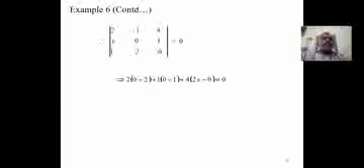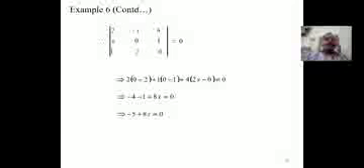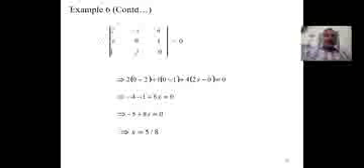Therefore, by expanding this determinant along the first row: 2 into (0 minus 2), plus 1 into (0 minus 1), plus 4 into (2x minus 0), that equals -4 - 1 + 8x = 0. This is 8x minus 5 equal to 0, 8x equal to 5, x equal to 5 by 8. This is the value of x.